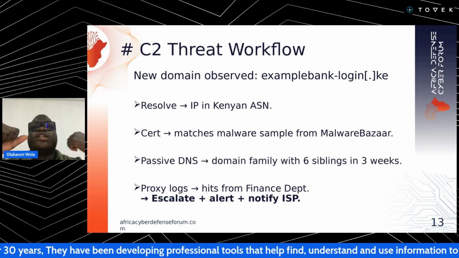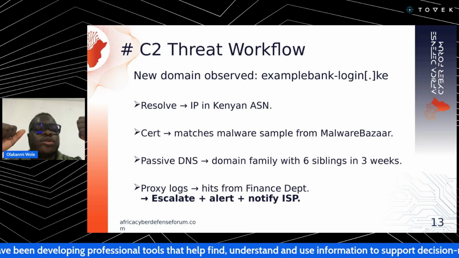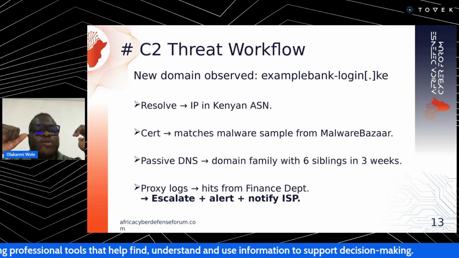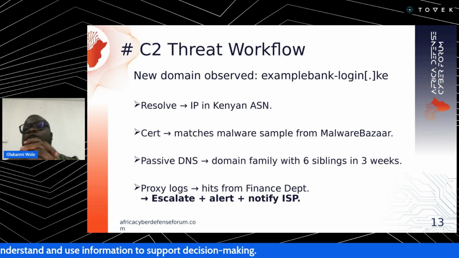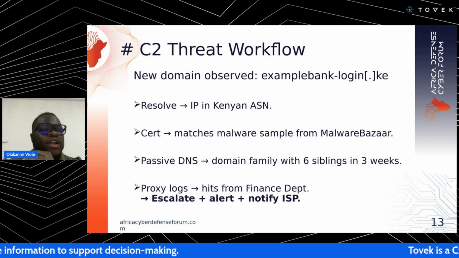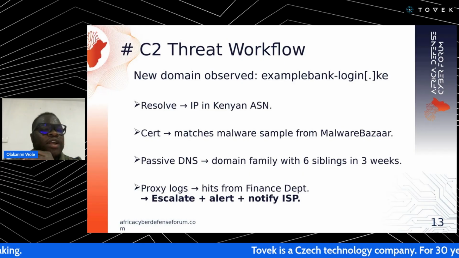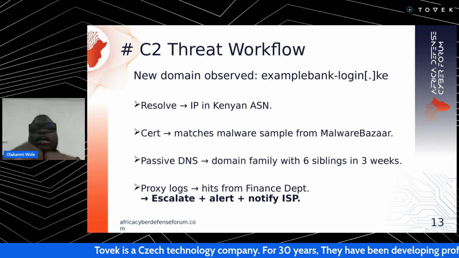So the moment you identify a domain, the first thing you want to do is resolve it to an ASN. See where this ASN is hosted. Is it hosted in the US? Is it hosted by Cloudflare? Is it hosted by some random ISPs, right? And based on your context, remember you can assign it a weight score, right?